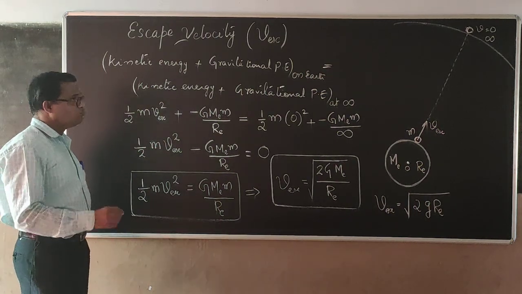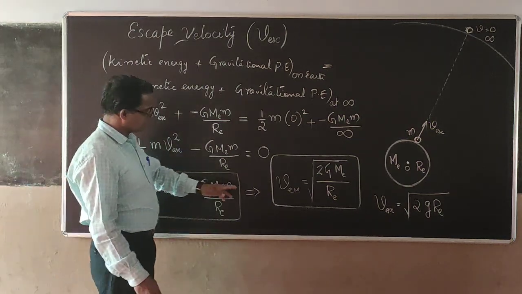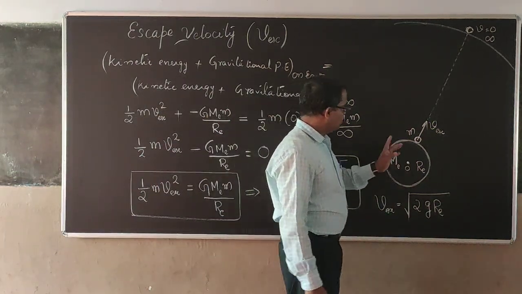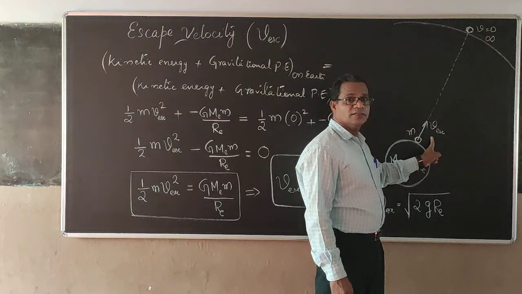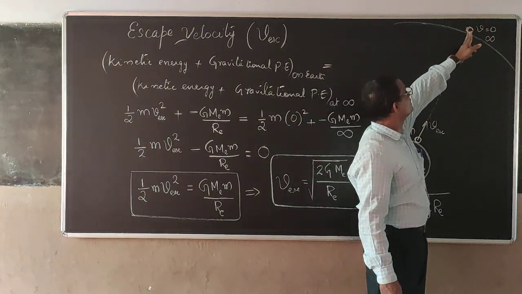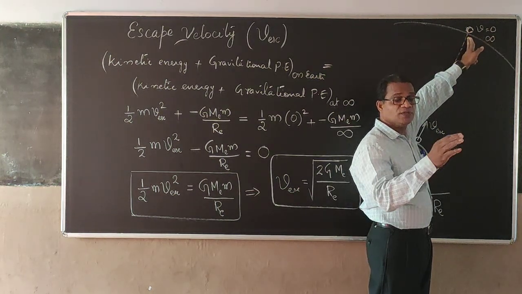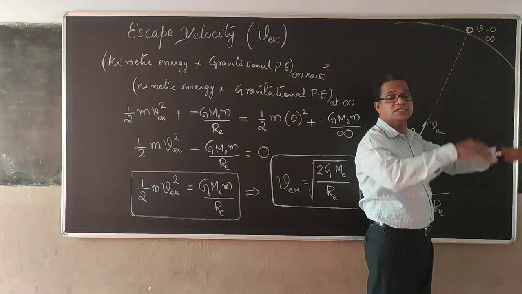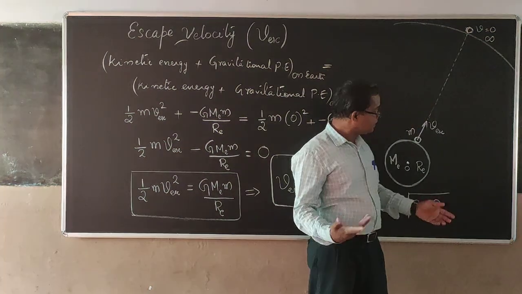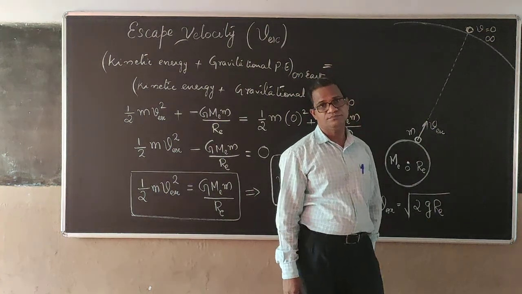And before finishing, one more point I will say. If we send the satellite with more than the escape velocity, you can see that this body reaches over here, but it won't stop there. It is moving out with a certain speed because you have given more than what is required to reach there.